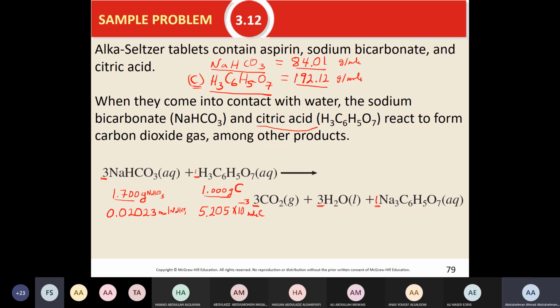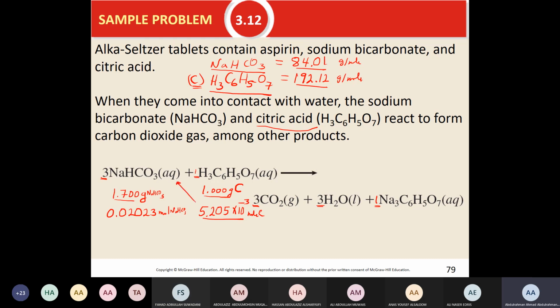Doctor, the first one, should I multiply by 3 because it's 3 moles? No, that's what you have in the lab. Don't multiply anything with anything. You should see how much of this one you need from this one. If I have 5.205 times 10 to the power minus 3 mole C, how much do I need of this one?